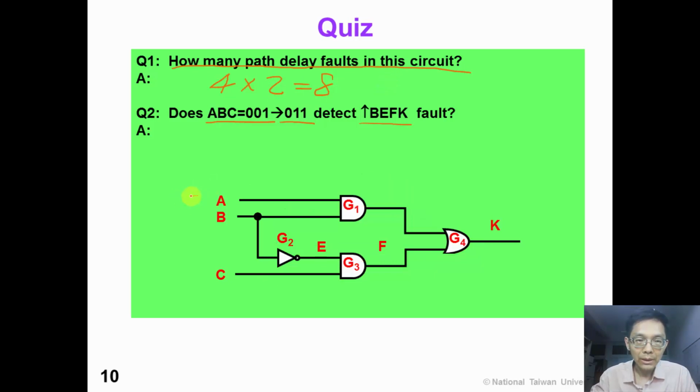When we apply pattern 001 to 011, we can have a falling transition here and a falling transition here. This is static 0, and the output would have a falling transition. So yes, we can detect the path delay fault using this pattern. Have you got it correctly?